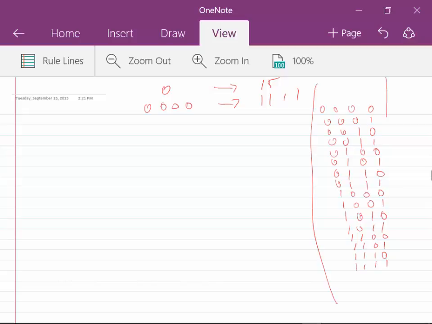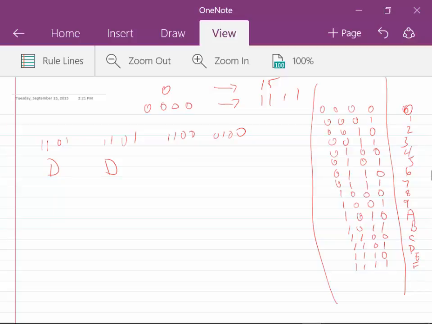So if we look at this, this is decimal 0, 1, 2, 3, 4, 5, 6, 7, 8, 9, and then we write the letter A for 10, B, C, D, E, and F. So now if I see a binary number, 1101, 1101, 1100, 0100, I just look at the table and I say that this is D, D, C, 4.